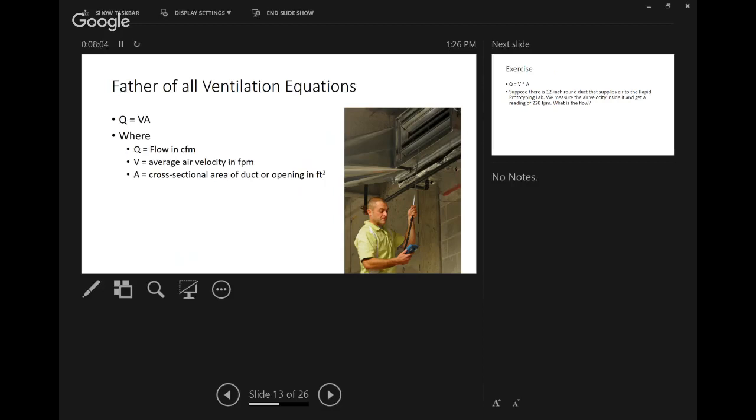Because of time, we won't review this in depth, but just remember, flow equals the velocity multiplied by the area. With what we do today, you'll be able to estimate the flow of the fume hood that we're going to measure. So we're going to measure face velocity on a fume hood.